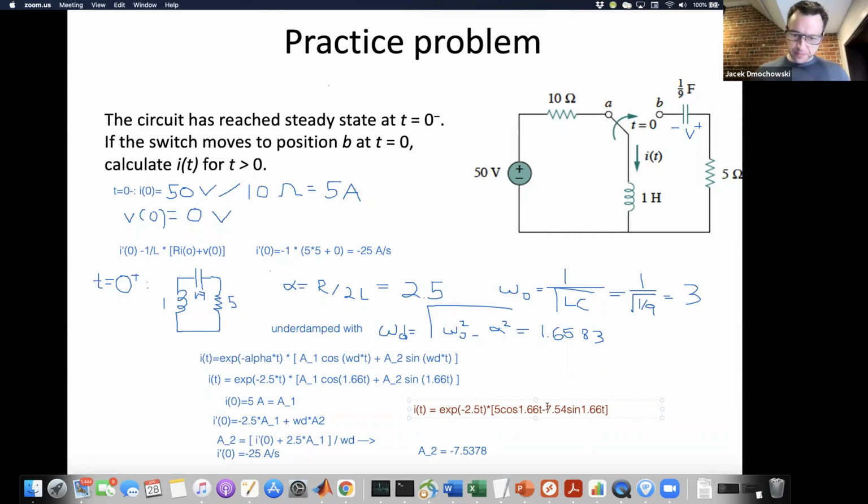Okay, so remember, this is the underdamped solution, right? So this part here is a sinusoid. The sum of a cosine and a sine looks very similar to a sinusoid. And this is a decaying exponential. So you can think of this as a sine function whose amplitude decays over time.